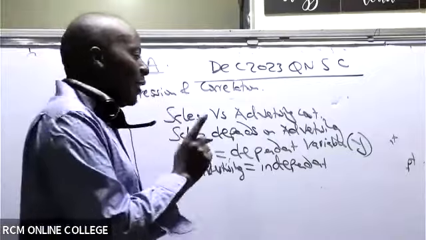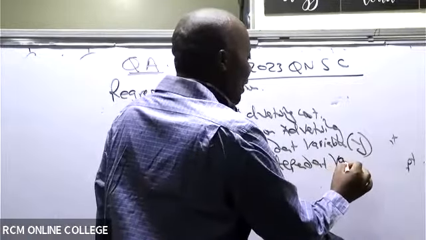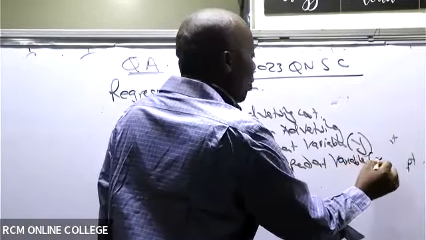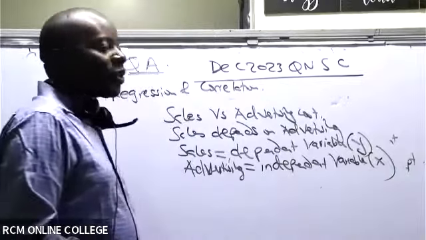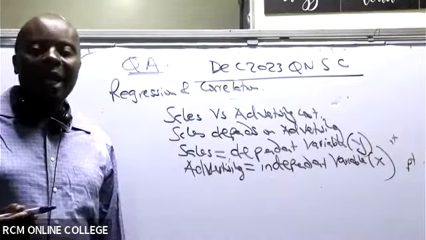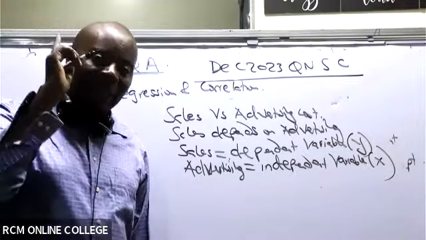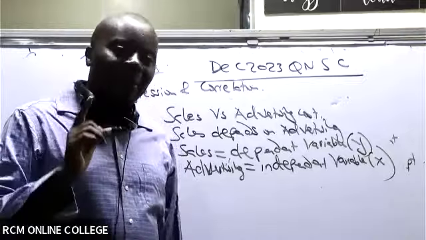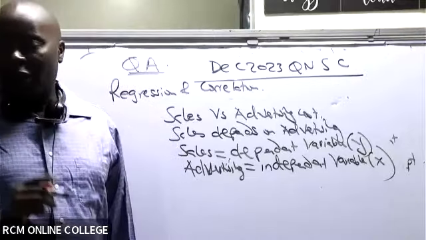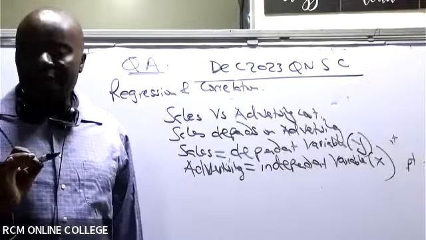And the independent variable will be your X. So always remember, dependent is Y and independent is X.